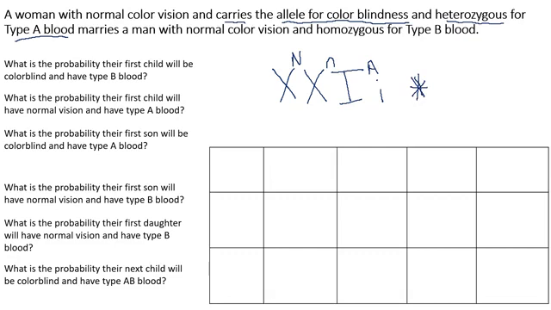The man has normal color vision. Remember, it's a man. He has an X chromosome and a Y chromosome, and that single X chromosome has the normal allele for color vision. And he is homozygous for type B blood. So that is going to be this genotype.